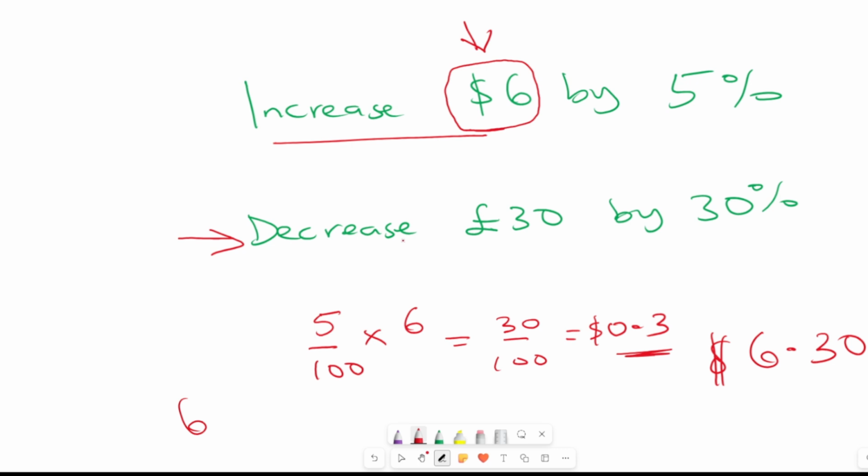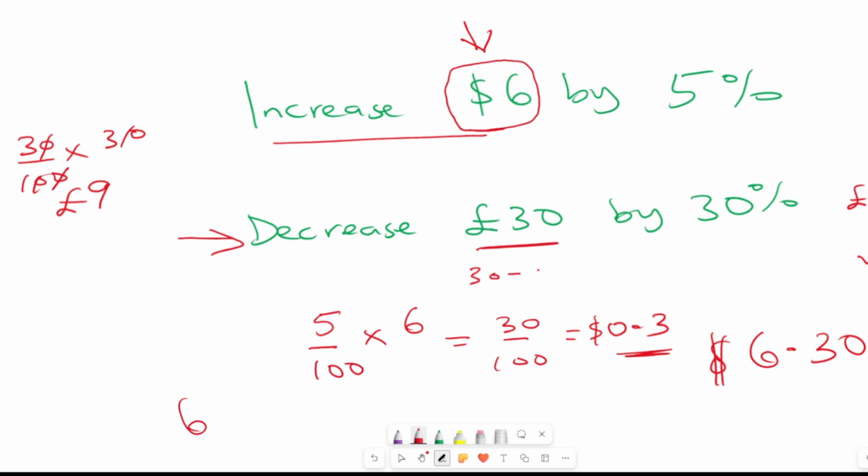So here, a boy who has misbehaved is having his pocket money reduced by 30%. First, let's find 30% of £30. 30 over 100 times £30 is £9. Okay. Now, 30% of £30 is £9. But the question is to decrease £30 by 30%. So we have found 30% of it, and we now have to take a step further and take that from the original amount.